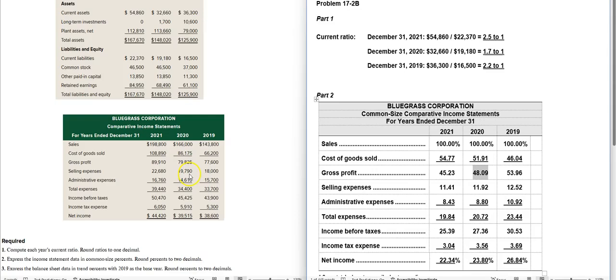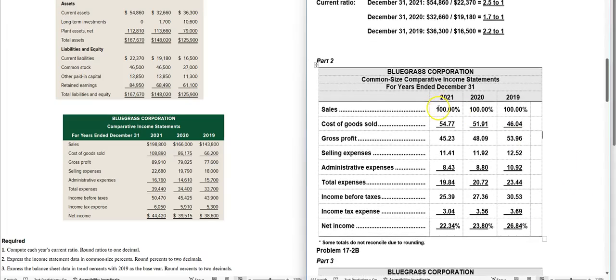Selling expenses divided by total sales, 11.92%. Again, I'm taking each line item within 2020 and dividing it by 2020 revenues. Do the same thing for 2019: each line item as a percent of 2019's revenues, coming up with a percentage of each line item of total sales.